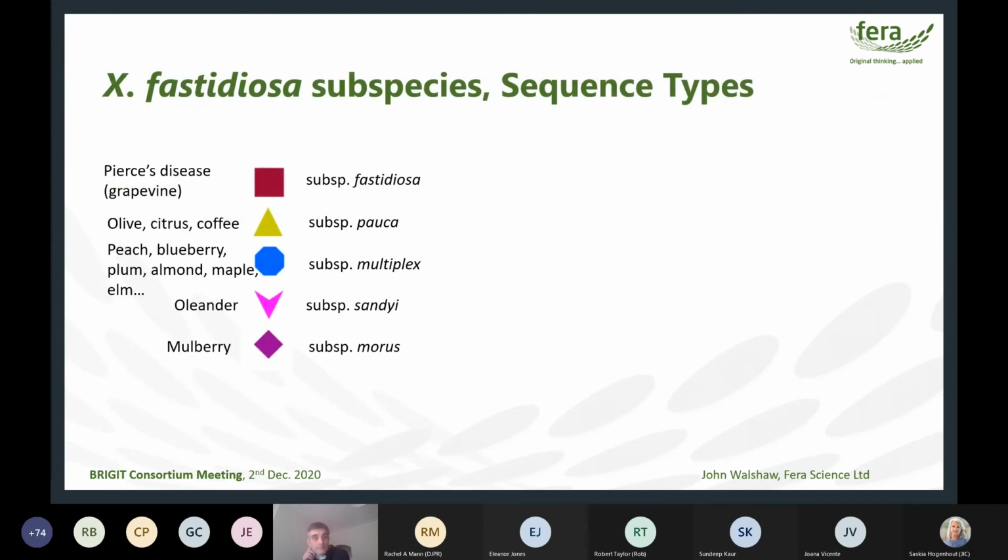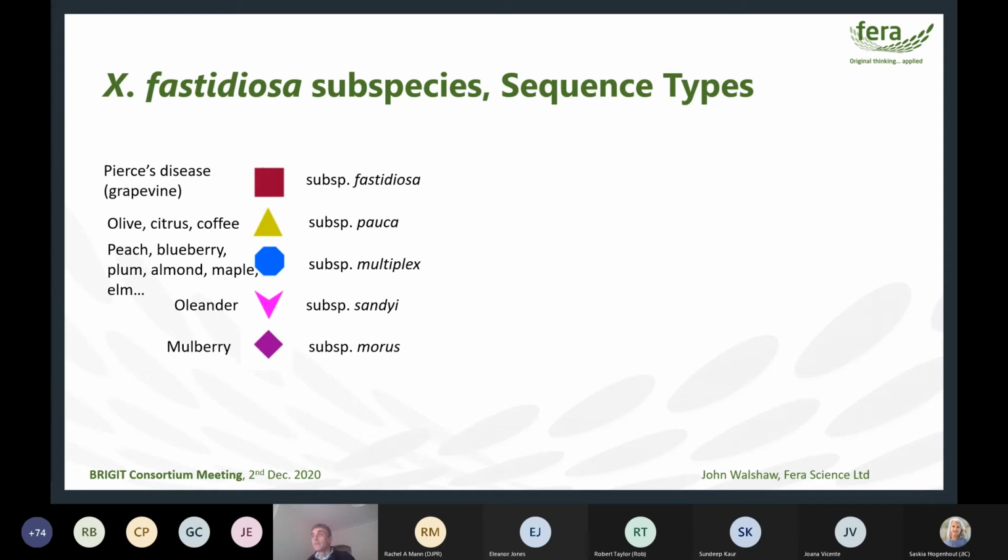So this is about using genomic information at one level or another to compare and characterize Xylella. And just a brief reminder that there are several subspecies of Xylella which have varying degrees of host specificity and indeed geographical specificity.